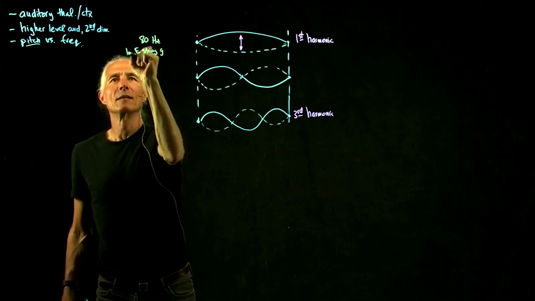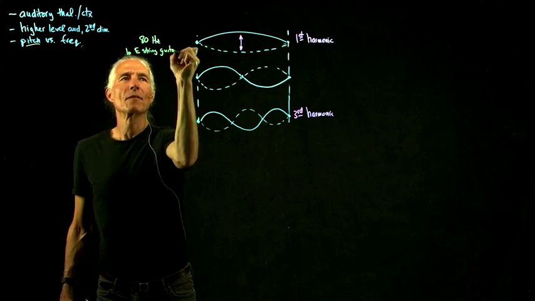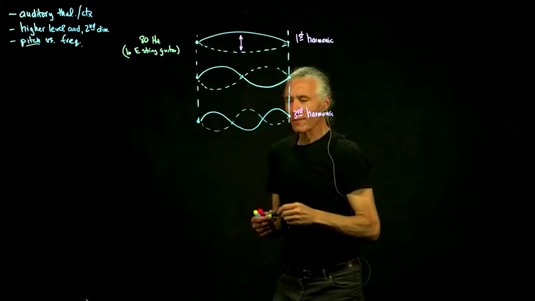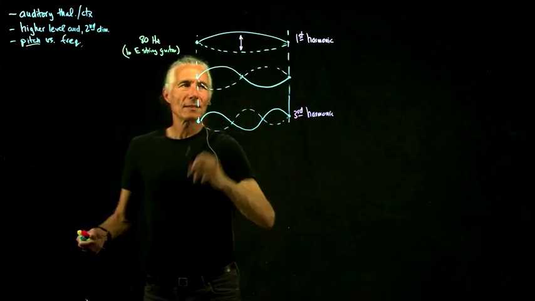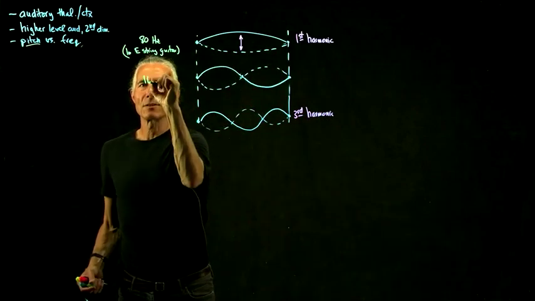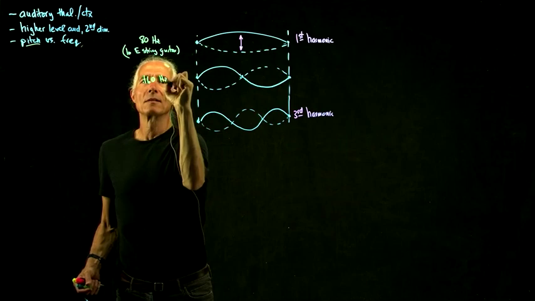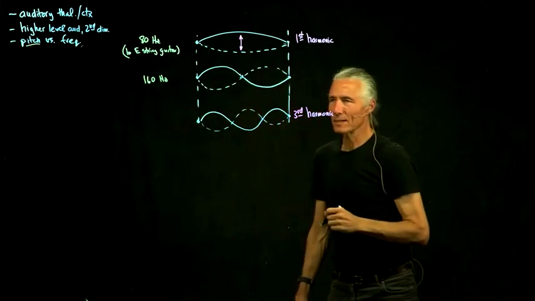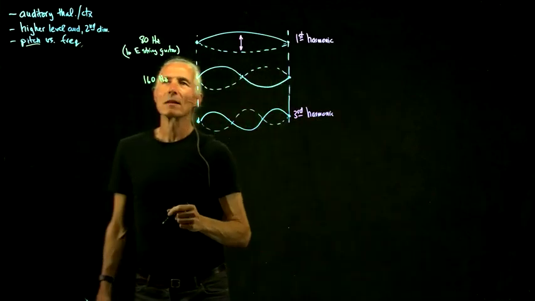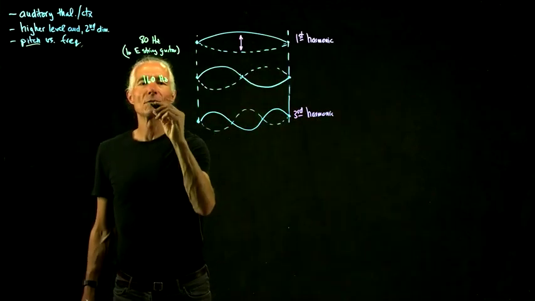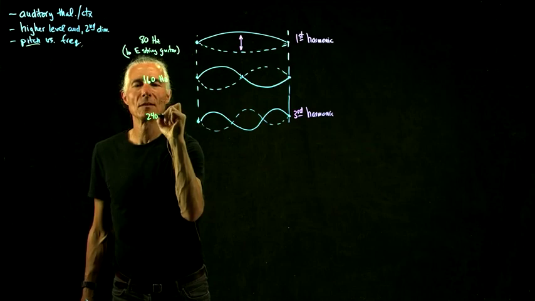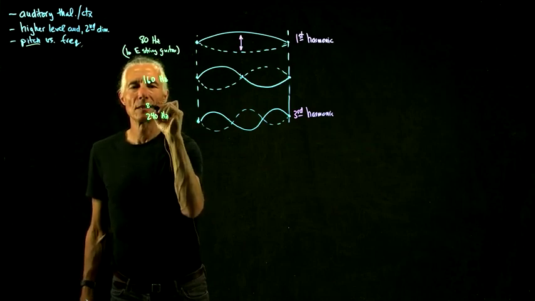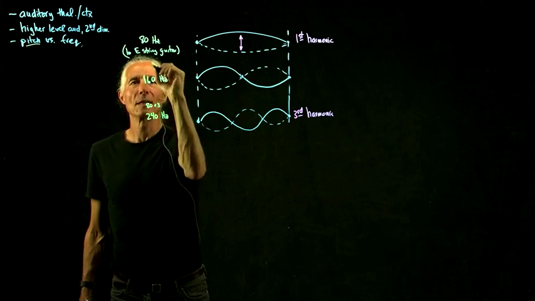So that's 80 hertz, and then what's the second harmonic? It's 160 hertz, just 80 times 2. And what's the third harmonic? It's just 80 times 3, so that's 240 hertz.